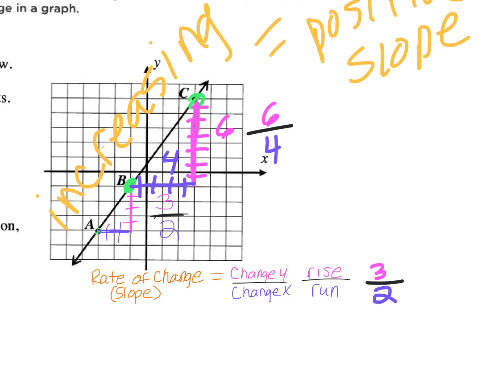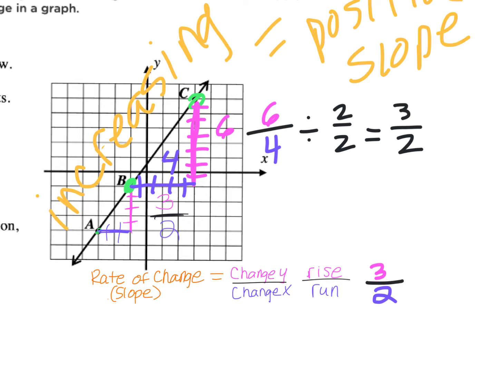Although we're going to notice that 6 over 4 can be simplified, right? If we divide both of these by 2, we get 3 over 2, which makes sense because this line has a constant rate of change because it's linear. So it makes sense that we should get the same slope no matter what 2 coordinates we use.